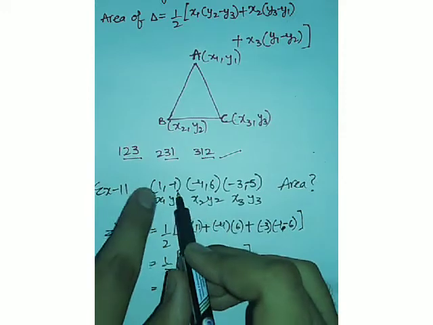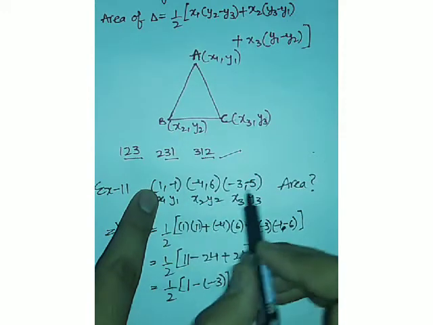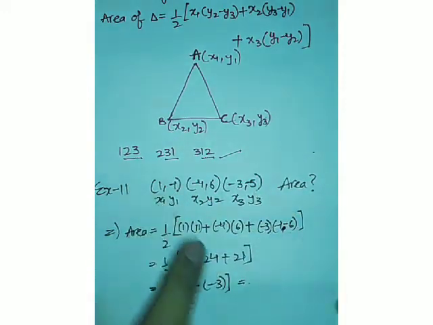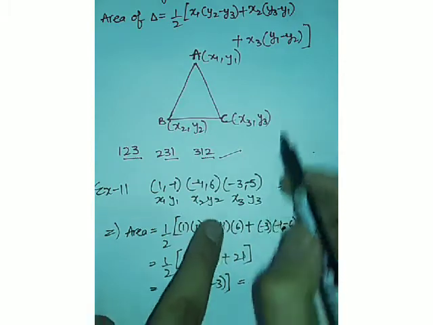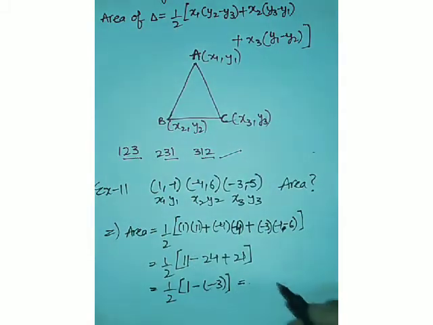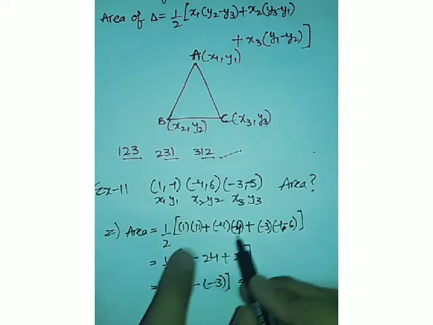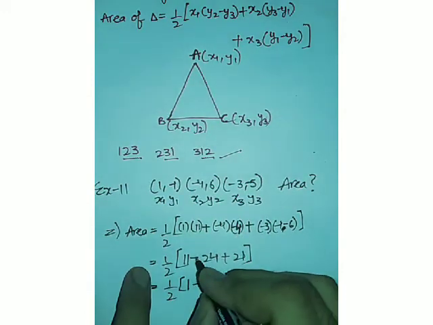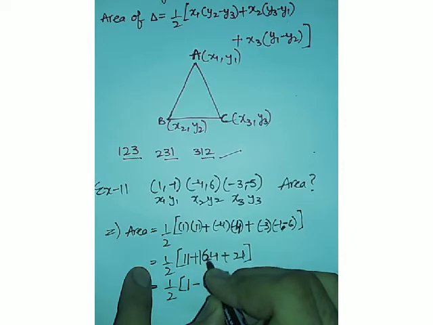Minus 5 minus minus 1, that is minus 5 plus 1, that is minus 4. So here it will be minus 4. Sorry for the mistakes, guys. 11 minus 4 minus 4, that is plus 16.